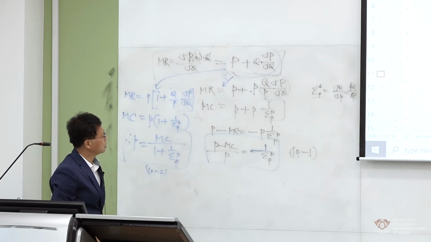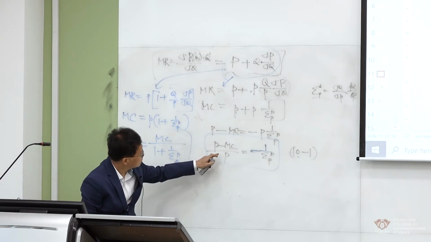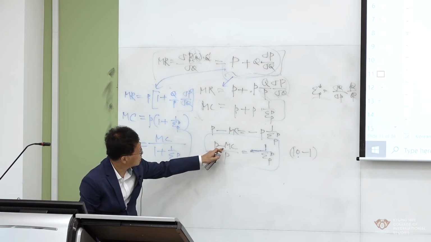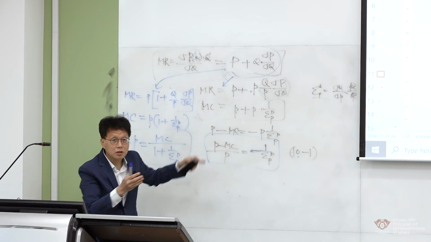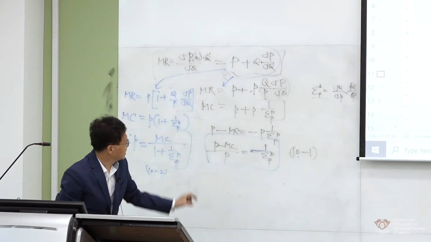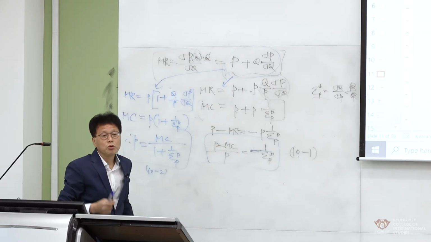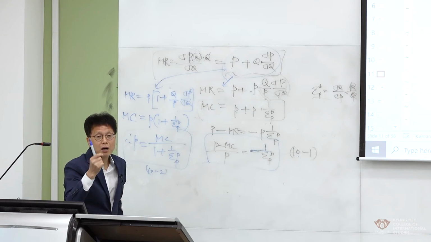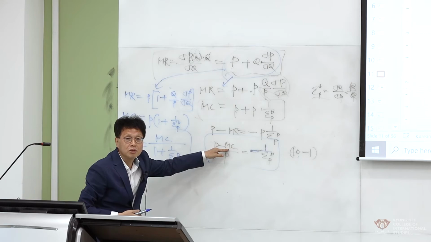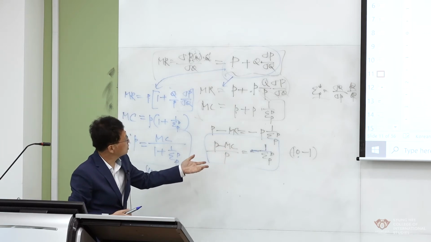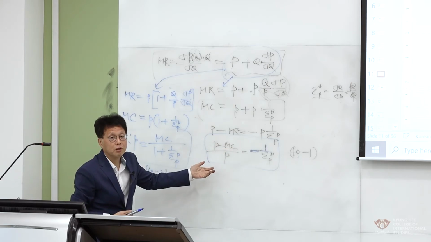Sometimes equation 10.1 is very useful, because from here we know that price minus marginal cost over price, with price greater than marginal cost, is an indicator of monopoly power. Some firms charge a higher price than marginal cost. So that is an index of monopoly power.